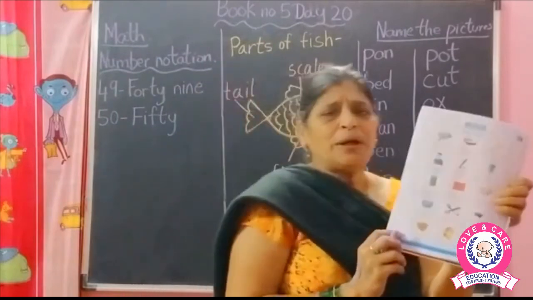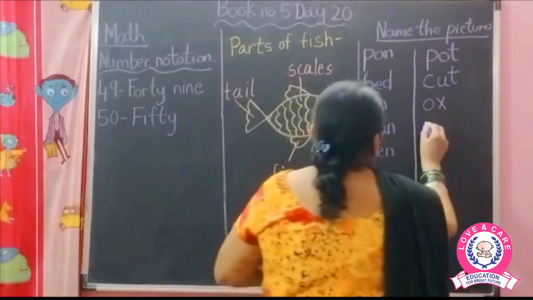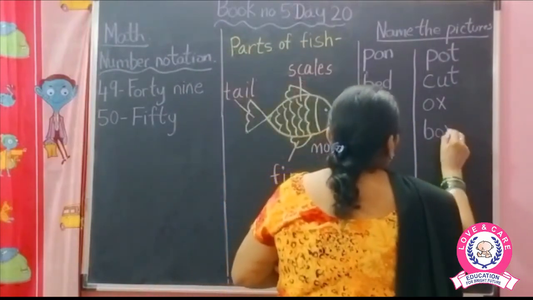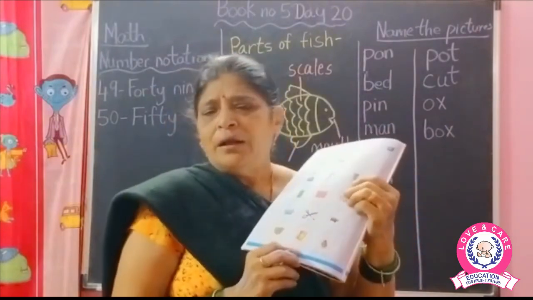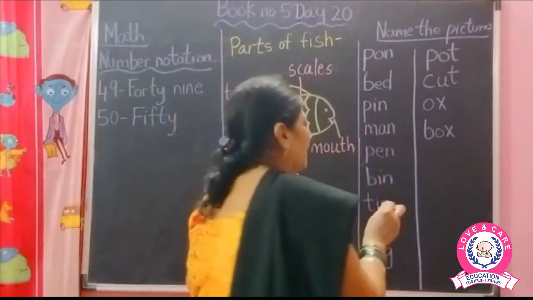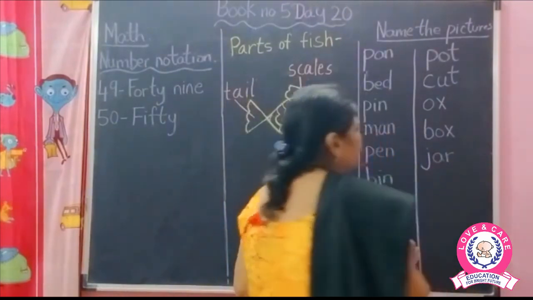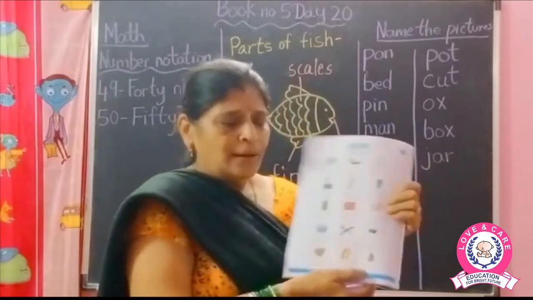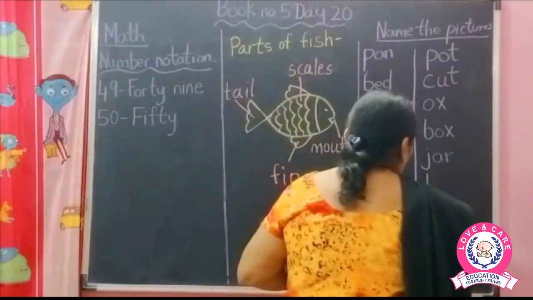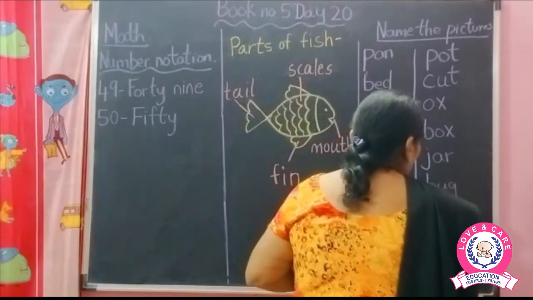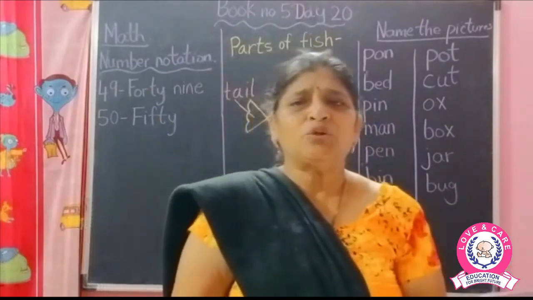Now the next one, box. B-O-X, box. Now the next one, jar. J-A-R, jar. And the last one is bug. B-U-G, bug. So children, we have completed day 20.